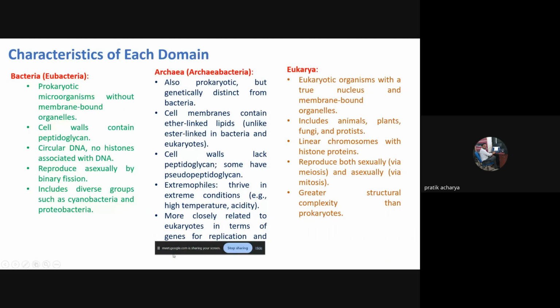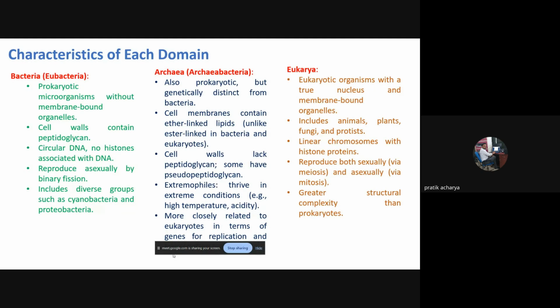Now we'll go for the characteristics. How are the domains characterized, or what are the basic differences between the domains? Particularly if we discuss bacteria, they are a prokaryotic group, otherwise known as eubacteria, prokaryotic microorganisms without membrane-bound organelles.